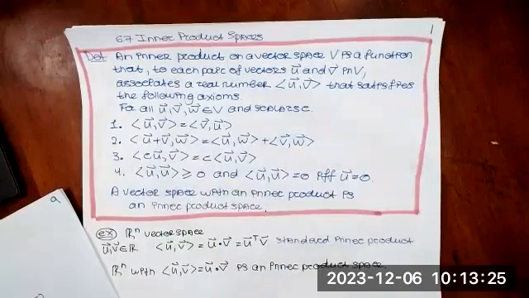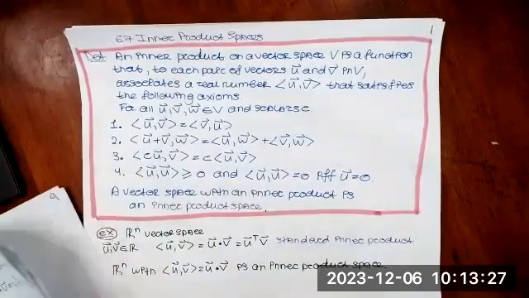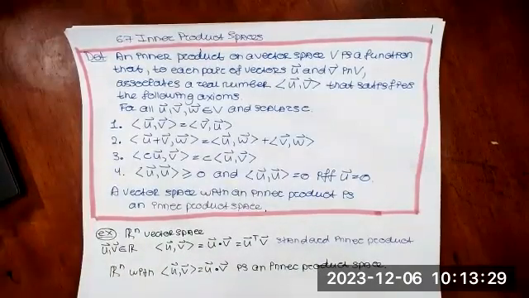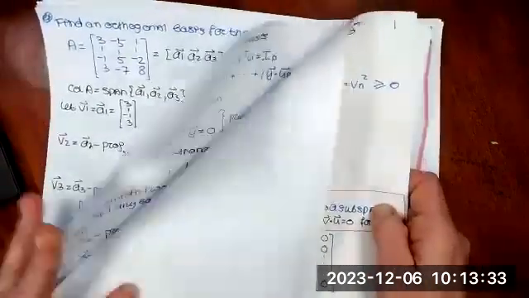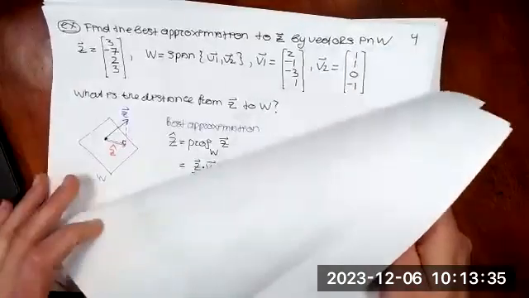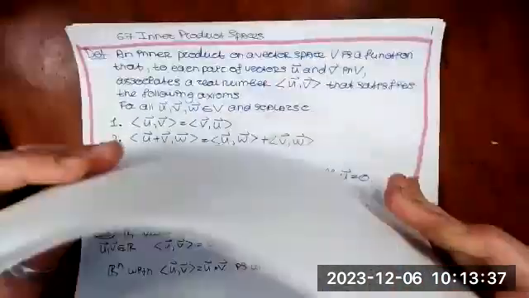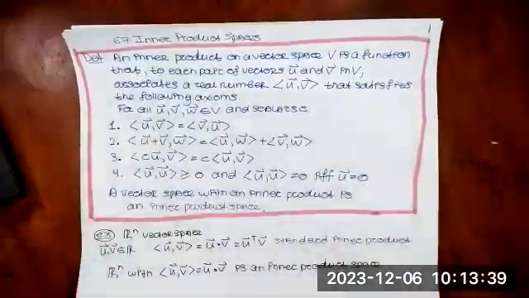And that's pretty much it for your chapter 6 review. If you just go over the examples we did here, you should be okay.